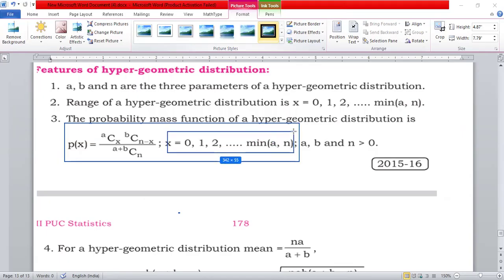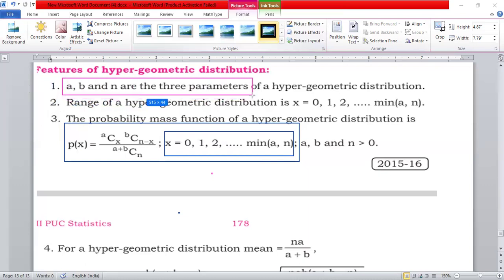Look at that, the range is very important, especially for hypergeometric. Given the parameters, they can ask you to write the range also. It is 0, 1 to minimum of A comma n. Most important. And we have 3 parameters here. Binomial has 2, Bernoulli has 1, Poisson has 1, hypergeometric has 3 parameters.